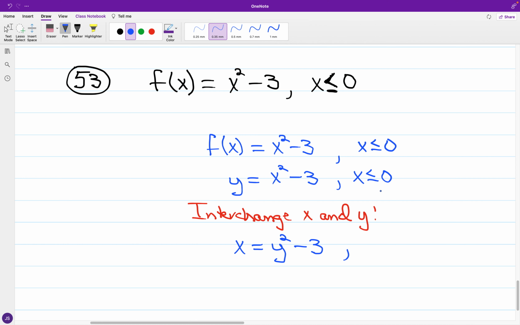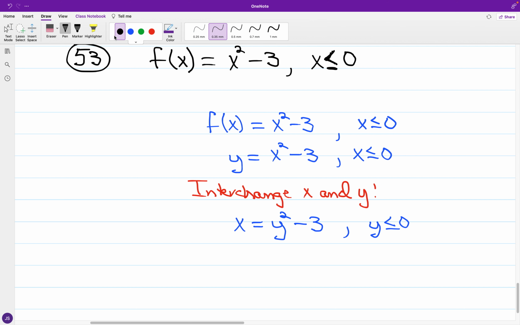The restriction imposed for the quadratic function, we're going to have imposed for y in the inverse. So in this case, y is less than or equal to 0. And looking at expressing what we have in terms of y, we get the y term by itself.